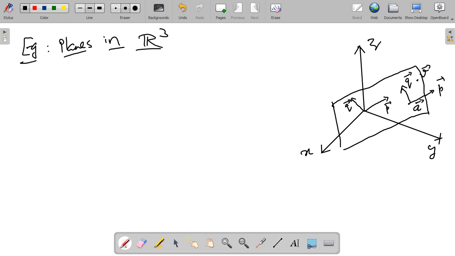Look at the vector V minus A. That is this vector.